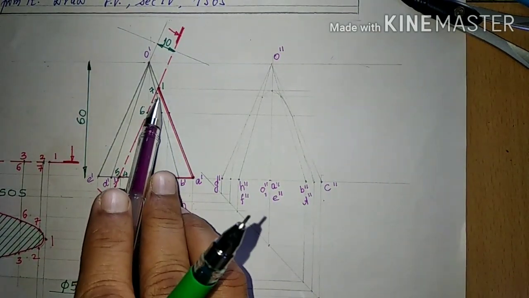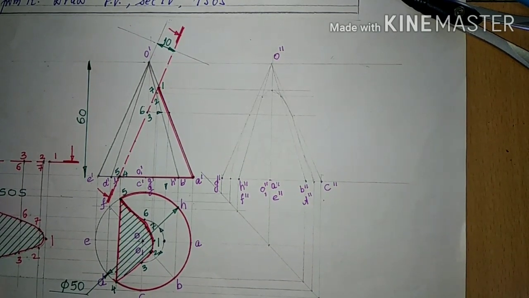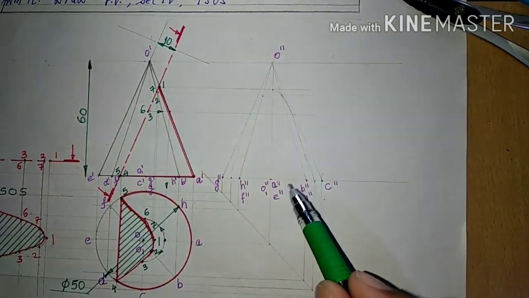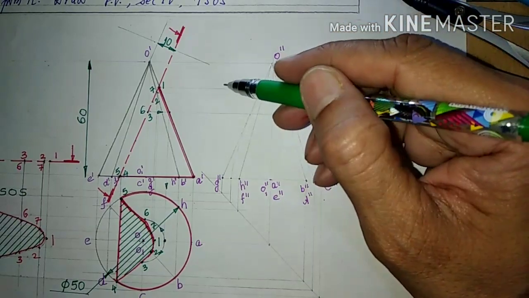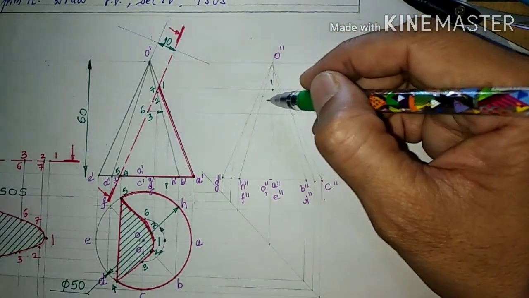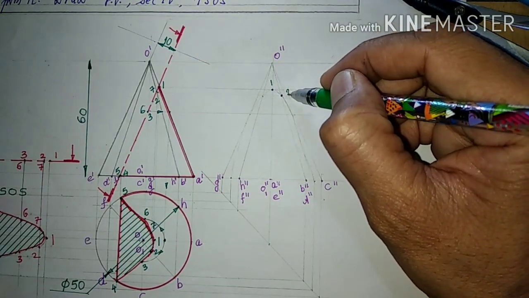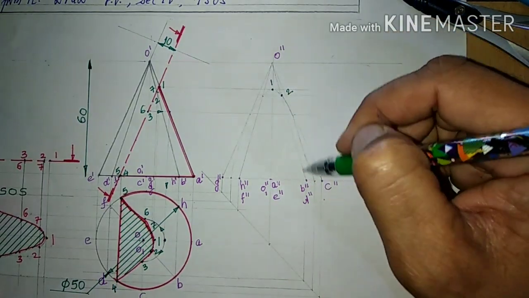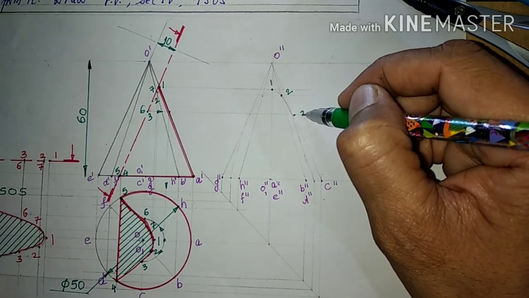Now we will take these points. This 1 is on OA, so this 1 will get transferred on OA. This will be 1. 2 is on OB, so on OB we will take it in horizontal direction. This will be 2. 3 is on OC, so on OC we will take 3.